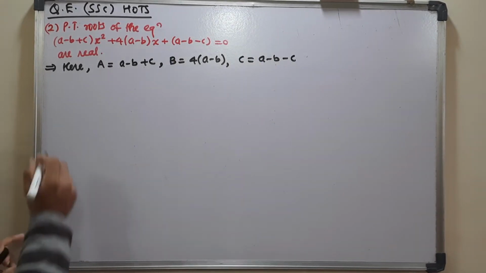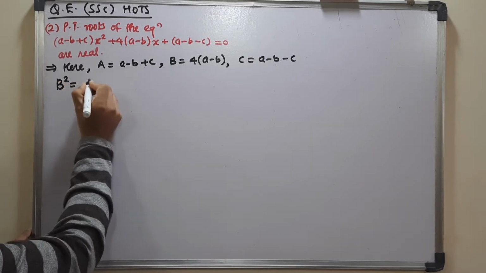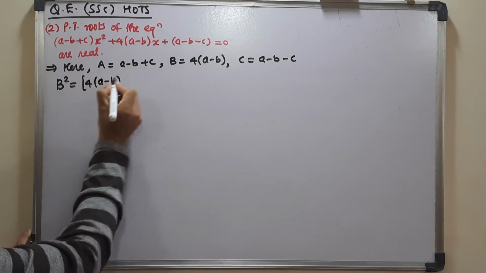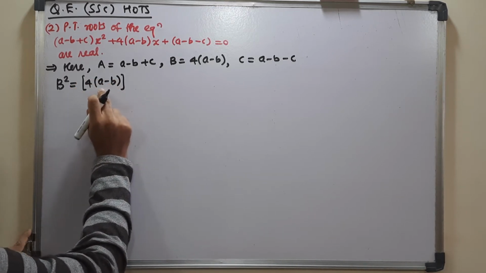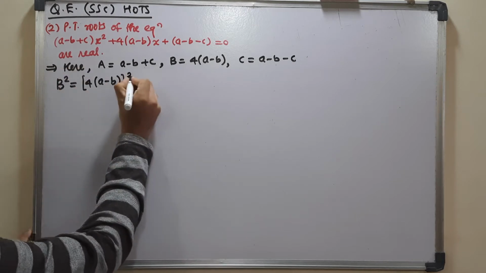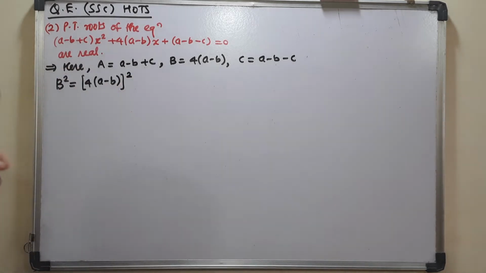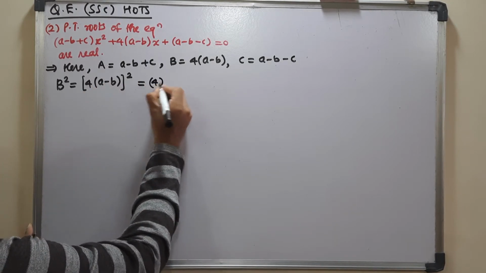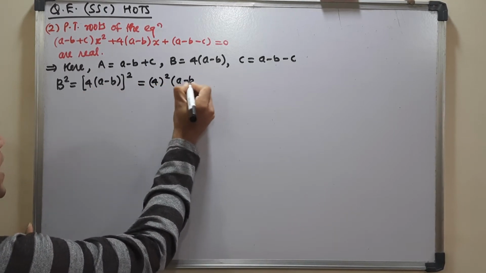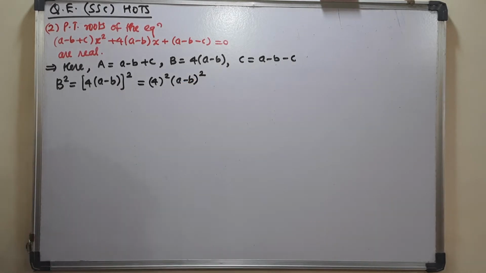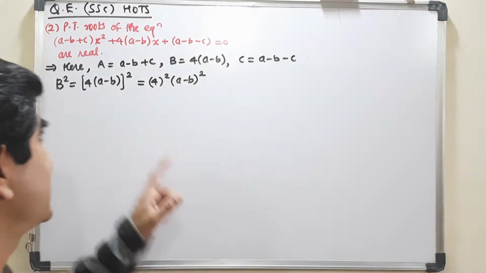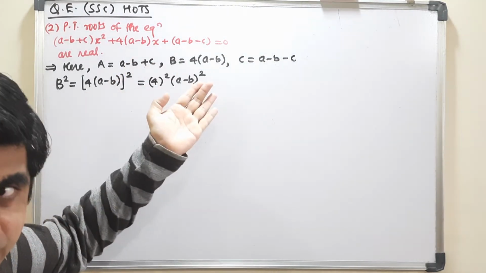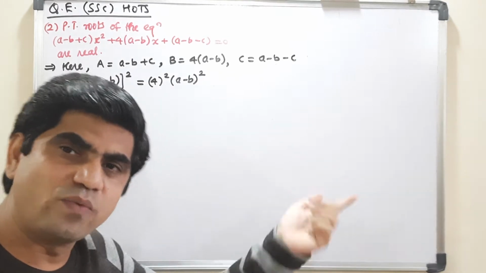So first I will better find B square. B square is 4 into A minus B the whole square, because this is the value of B, and we want B square. So when I make it, this will be 4 square into A minus B the whole square, because this is a into b the whole square, so it will be a square into b square.